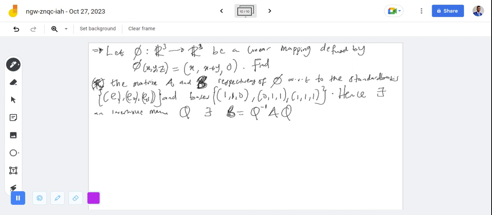I think the other one uses transition matrices P and Q. But in this case, I have Q and Q inverse. That means I'm not looking for P transpose this time around. I will look for Q, then I'll also find the inverse.